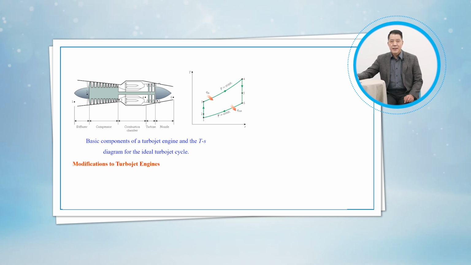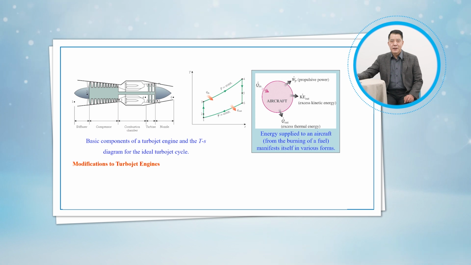Let's talk about some modifications to the turbojet engines. Energy supplied to an aircraft manifests itself in various forms. Some of the energy input is used to propel the aircraft and to overcome the drag force exerted by the atmospheric air. Some of the energy shows up as excess kinetic energy.